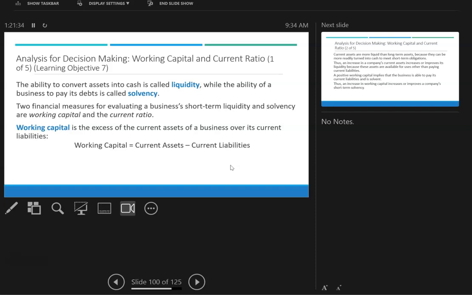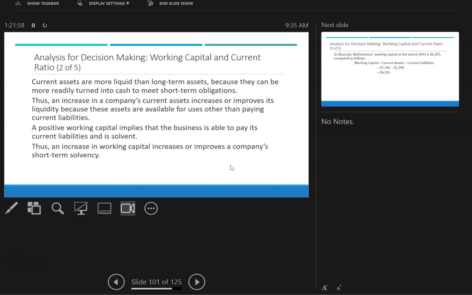Two financial measures for evaluating the business's short-term liquidity and solvency we call working capital and the current ratio. Basically, working capital is current assets minus current liabilities. Are our current assets greater than our current liabilities? They need to be.